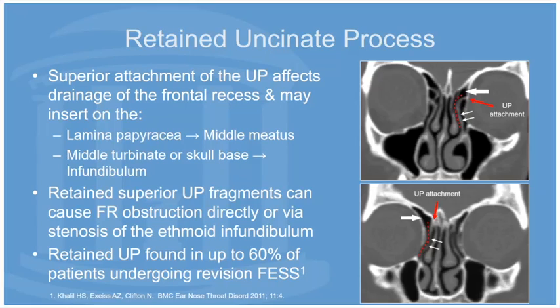In either case, the superior portion of the uncinate contributes a boundary to the frontal recess, so if there is disease affecting this region, failure to completely remove that superior portion of the uncinate during surgery can result in unresolved frontal recess obstruction.